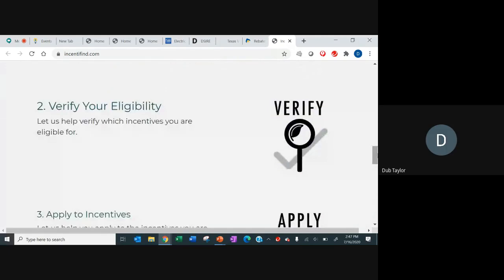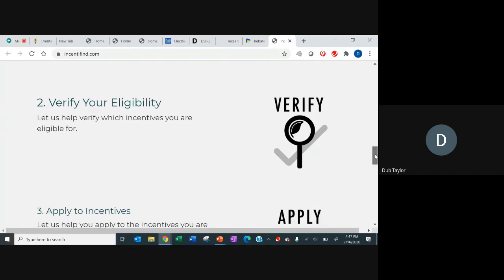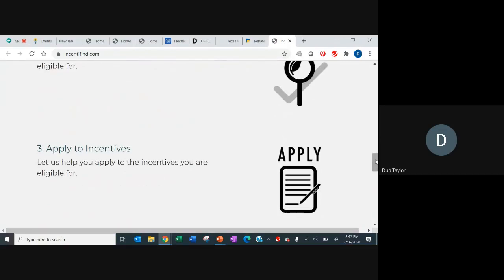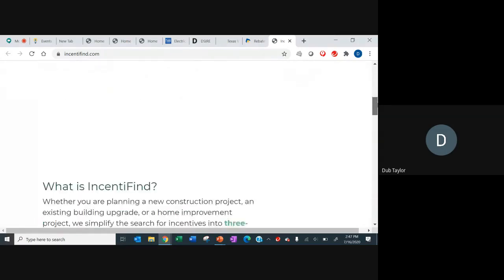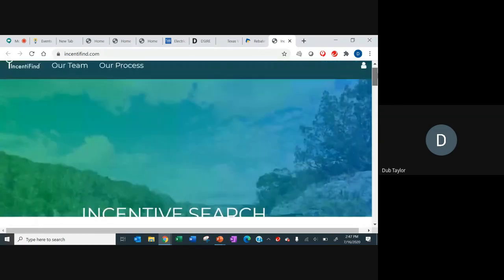Then you can verify eligibility, which is a paid service that confirms the project you have in mind is going to qualify for the various incentives that are there, and they develop a report, and then they can actually help you apply as well. And that's a contingency-based fee for that. So I think the projects they have been involved in, they show a very good return on investment.